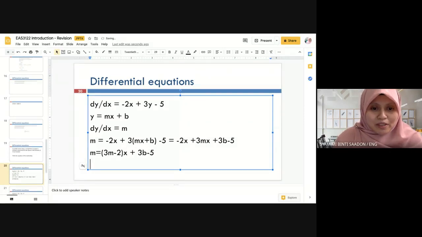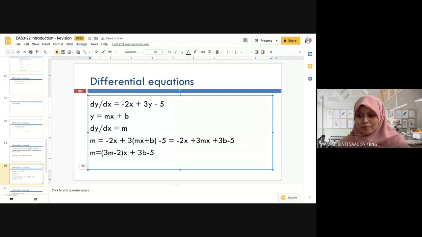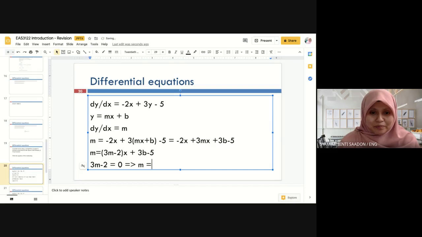So if we compare the equation, the x term with the x term, we have 3m minus 2 equals to 0, because there is no x term in the left equation. Thus that makes m equals to 2/3, and the constant term, 3b minus 5 equals to m.